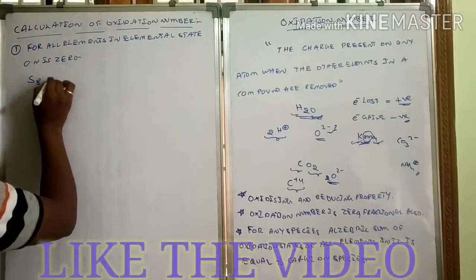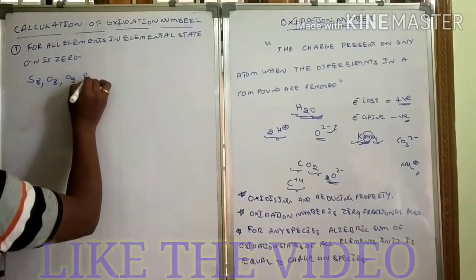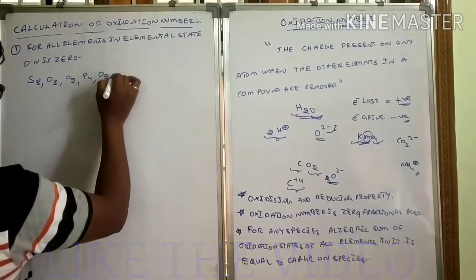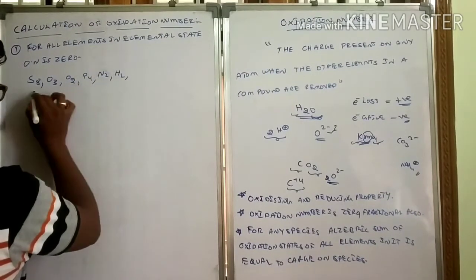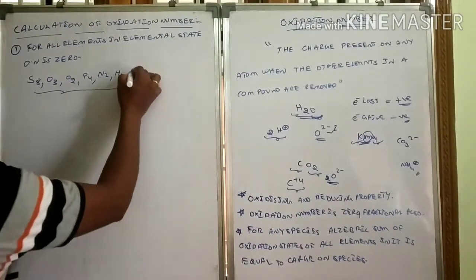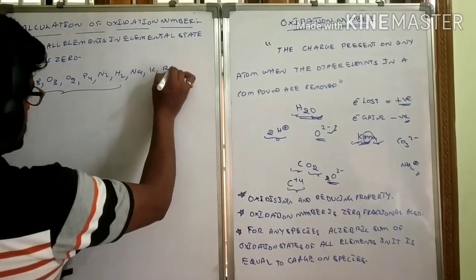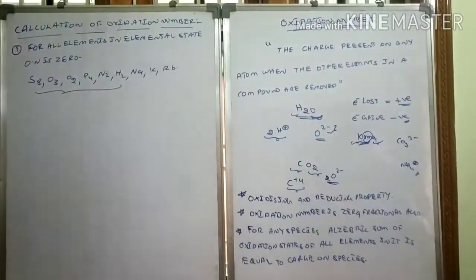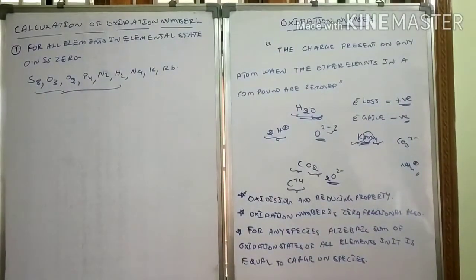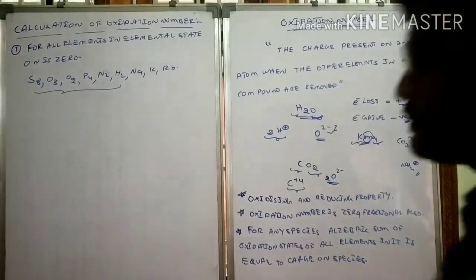Let's take S8, O3, O2, P4, N2, H2, anything you take, even sodium, potassium, rubidium. The oxidation state of the particular element will be 0 whenever it is present in the elemental state. In elemental state, for any element, its oxidation state will be 0.